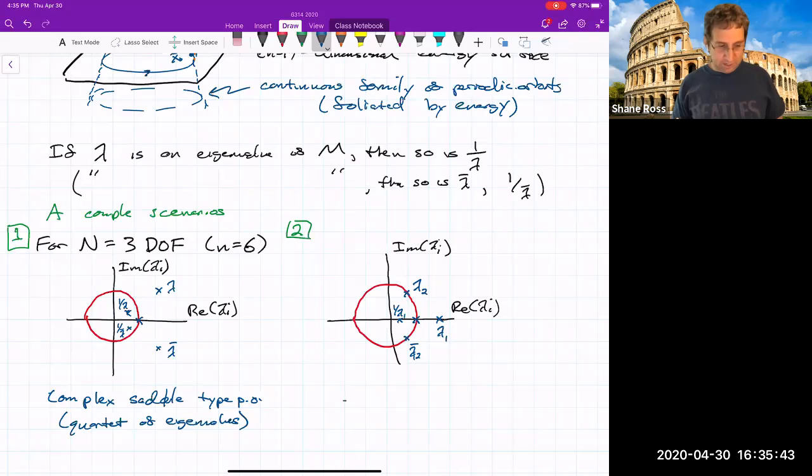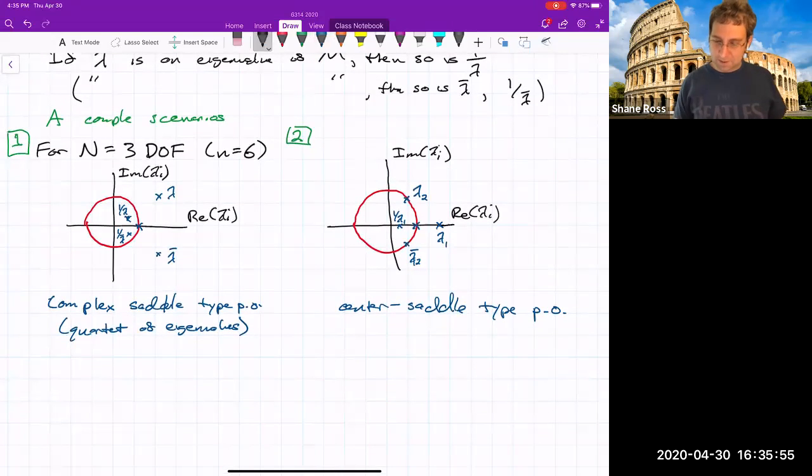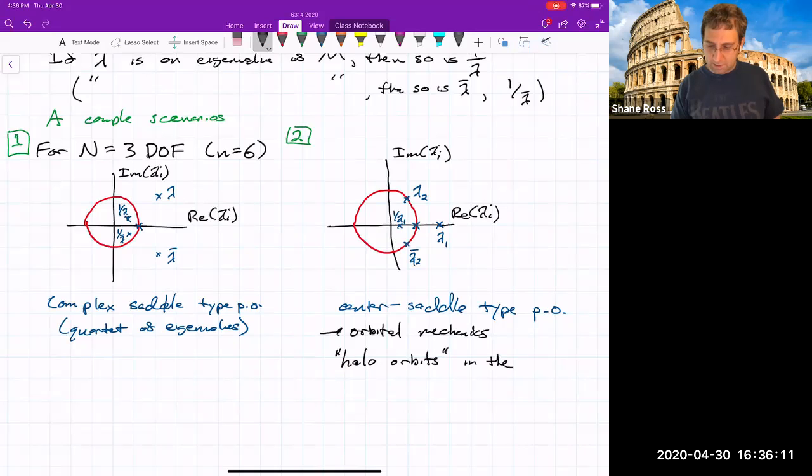This would be called a center saddle type periodic orbit. For those of you studying orbital mechanics, the most famous orbits that do this are called halo orbits in the 3-body problem, the 3D 3-body problem.